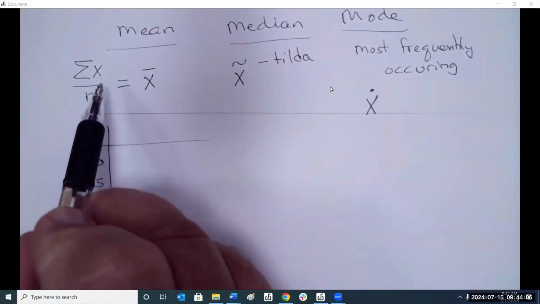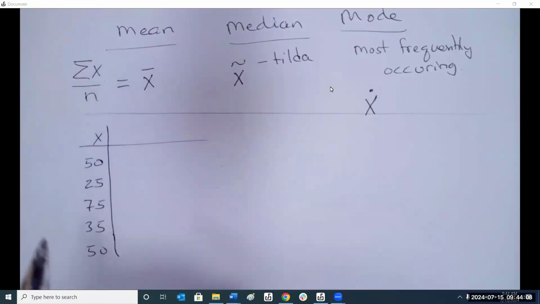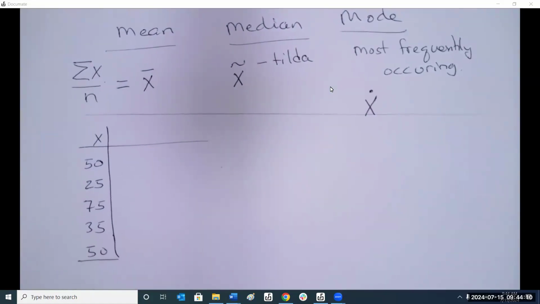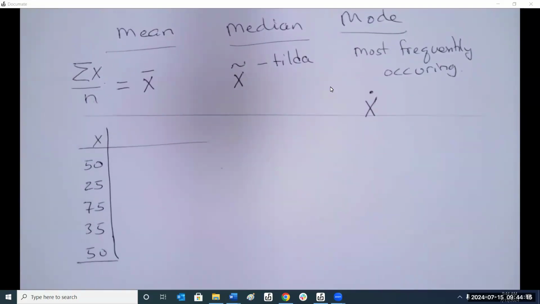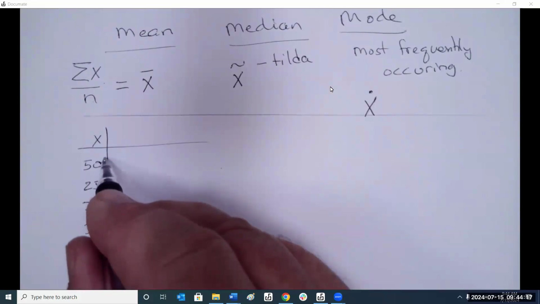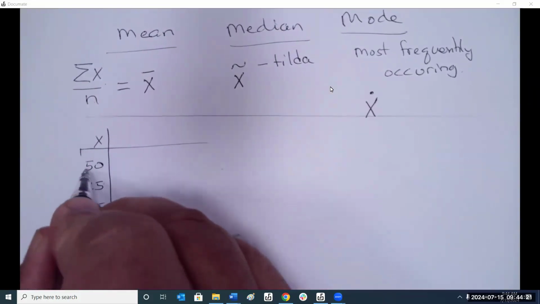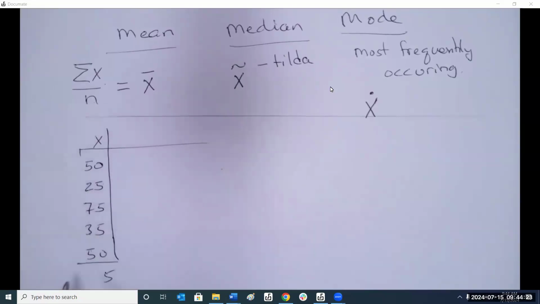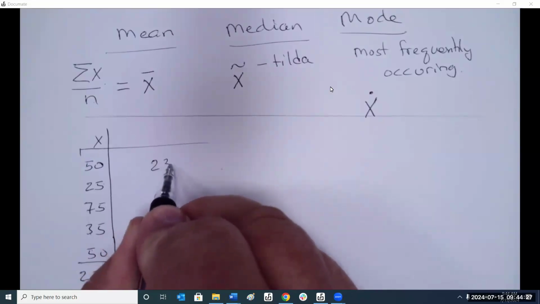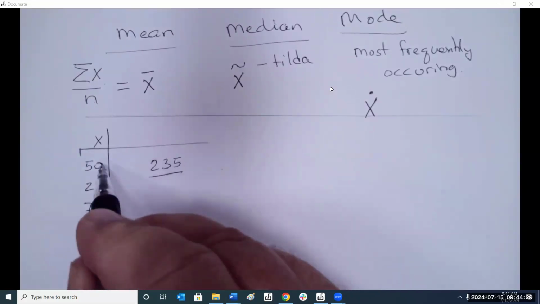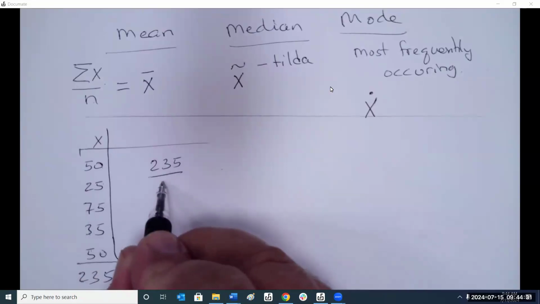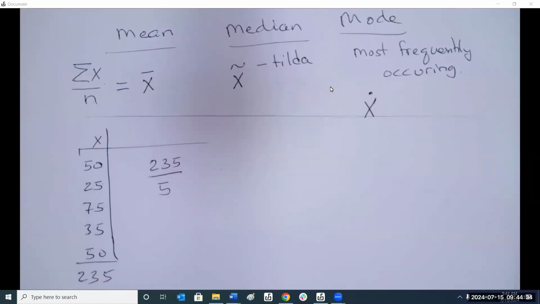To find the mean, we have to add up all those data points and divide by how many we have. So if we add them up, we have 5, 10, 15, carry the 1, 10, 23. So it's 235 divided by 1, 2, 3, 4, 5. Divided by 5.